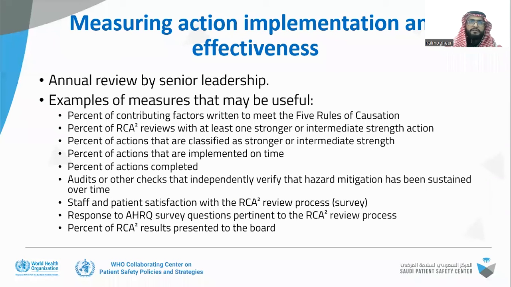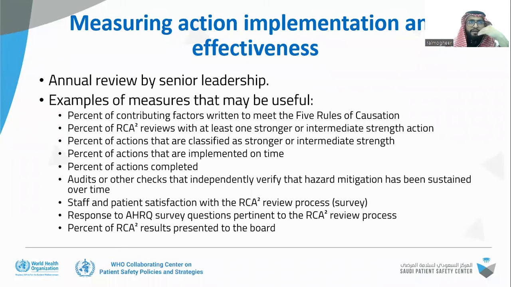Part of the measurement of effective RCAs is that the leadership should have an annual review of the RCA processes, or investigations, that are being done in their organizations. These examples can help the leaders and board members to assess the effectiveness of their RCA process. Percent of contributing factors written to meet the 5 rules of causation, which was presented by Dr. Tarfa.